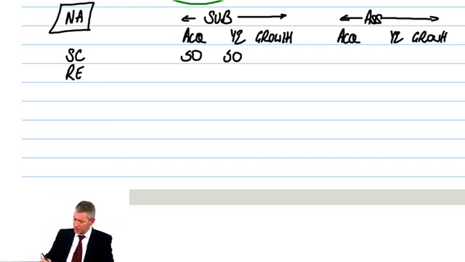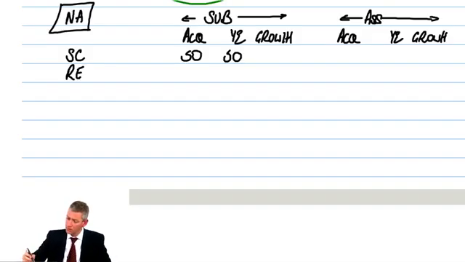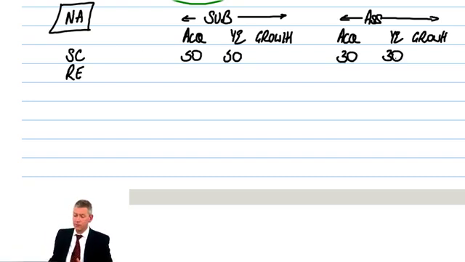And the same applies next door, so we can copy next door. There we go. 30 and 30. Okay. And then back into the question, we want the retained earnings at the year end.